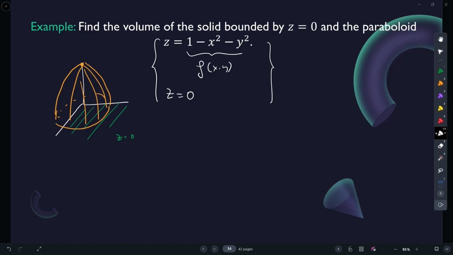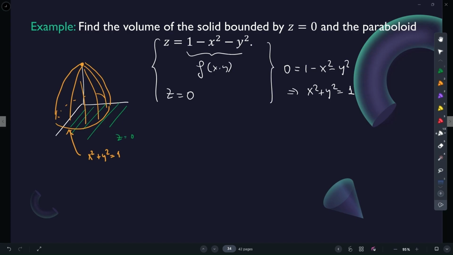What I get is 0 equals 1 minus x squared minus y squared, which implies that x squared plus y squared is equal to 1. So the intersection down here is x squared plus y squared equals 1, and I'm computing the volume above all the region captured by that circle.